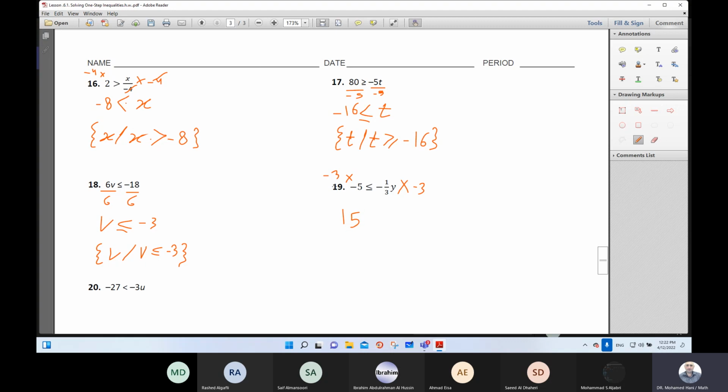And always remember, when you multiply by negative, switch the sign of the inequality. Then -1/3 times -3 will be 1, which means y. So the set of solution is y such that y less than or equal to 15.